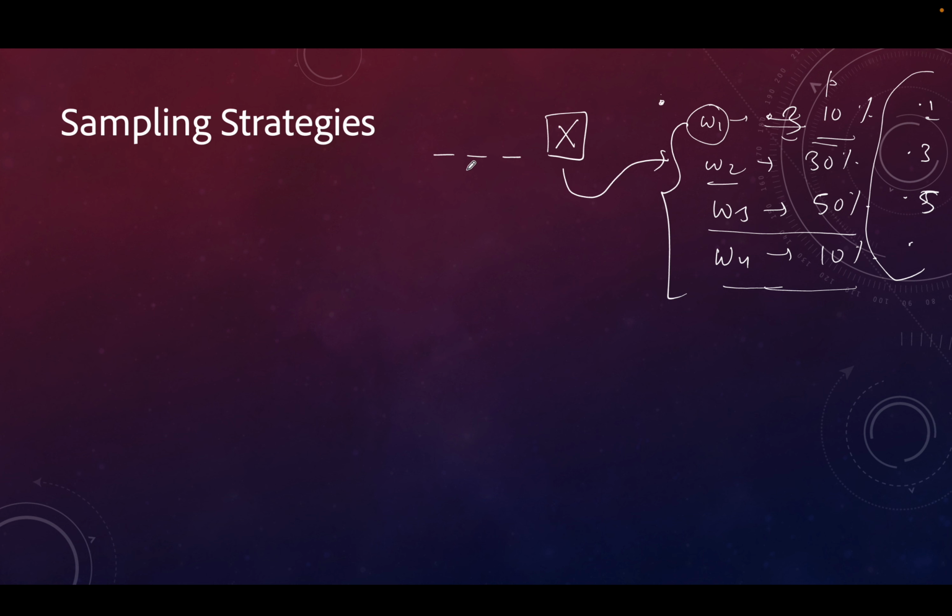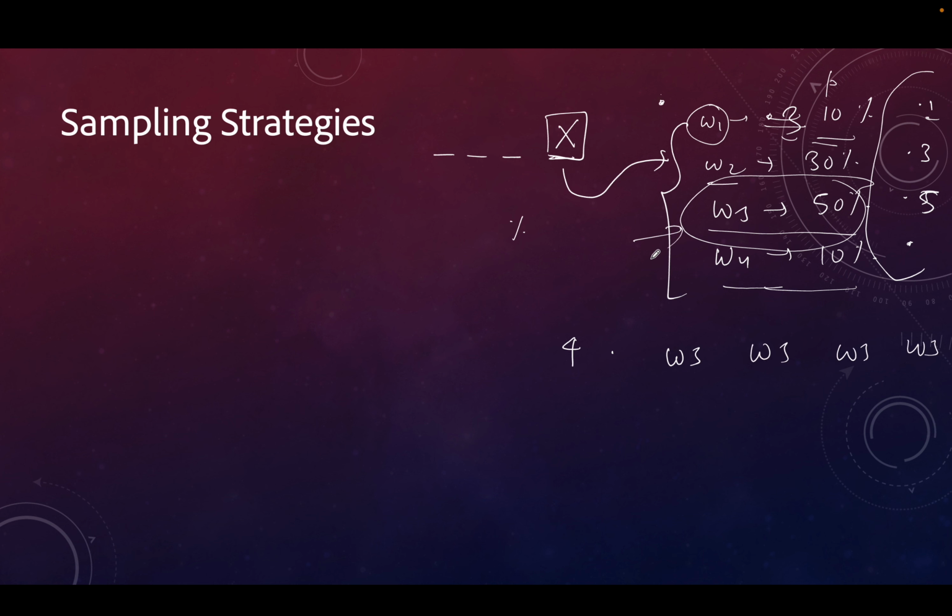So let's modify the greedy. If we take the plain greedy, we will always pick this W3. But if we modify the greedy and say pick these words with a probability equal to their likelihood of being the next word, then among these four, in greedy, if we do sampling 4 times, we will pick W3, again W3, again W3, again W3.